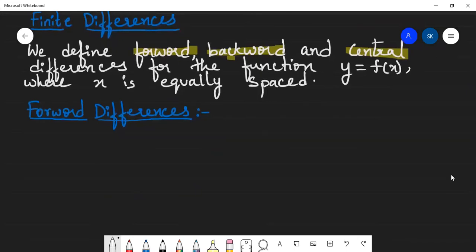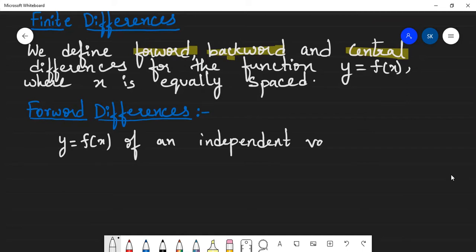If we consider the function y equal to f of x of an independent variable x, what will be the values for x? Just now we discussed, those will be x naught, x1, x2, and so on.